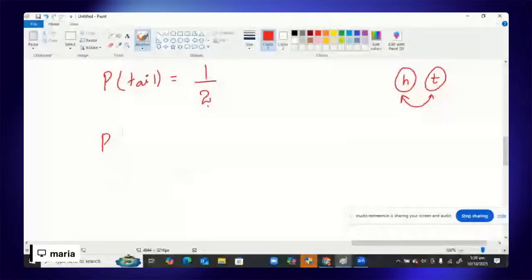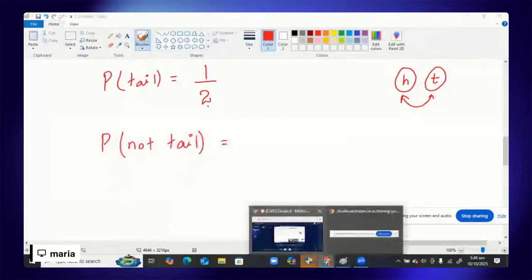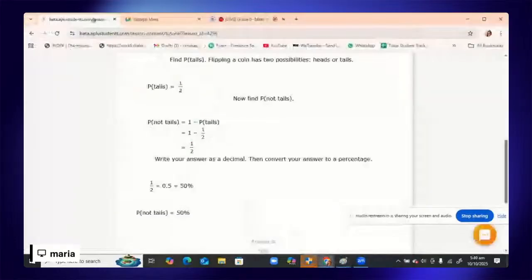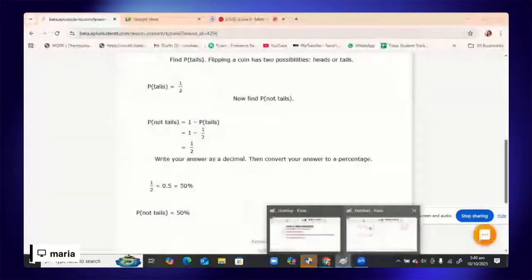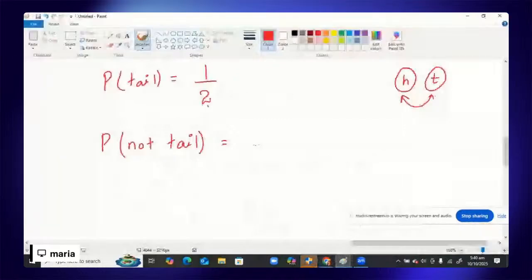Okay, not tail. So what we do for that, we're just subtracting. Okay. So here, I'm just going to subtract. So for not tail, that means 1 minus 1 by 2. So we are subtracting 1 by 2 from 1.